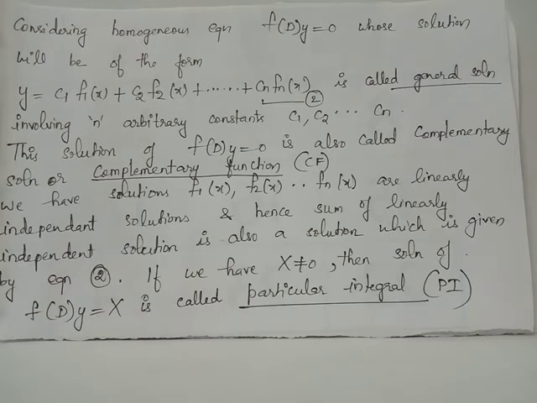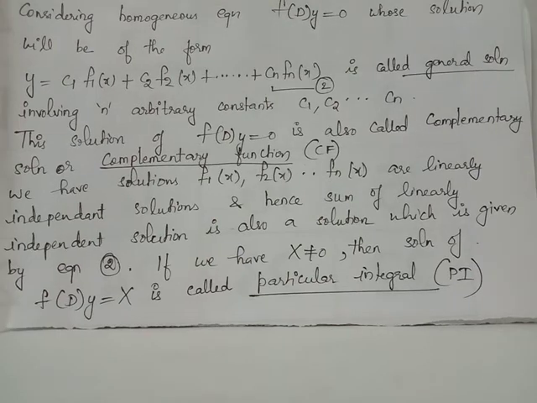Since we have n linearly independent solutions for f of D acting on y equated to 0, any linear combination of these n linearly independent solutions will also be a solution to the differential equation, and this principle is known as the superposition principle.